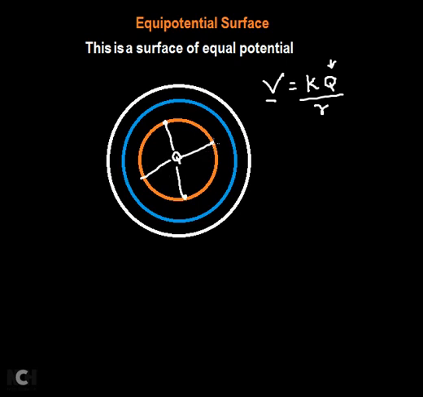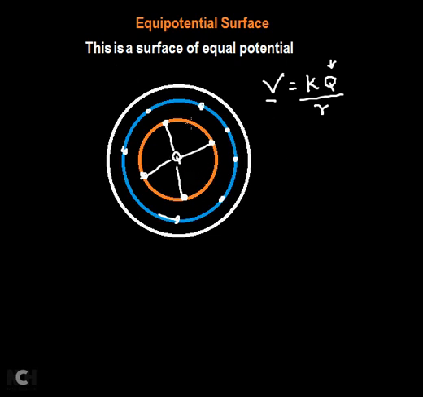That way I can simply say that any point on this first circle gives what is known as an equipotential surface, because the surface will yield equal potential at any point. The same happens with the second sphere or circle. At any point on the second circle from this charge, you have an equal potential, and the same with the third. So an equipotential surface is a surface with equal potential.